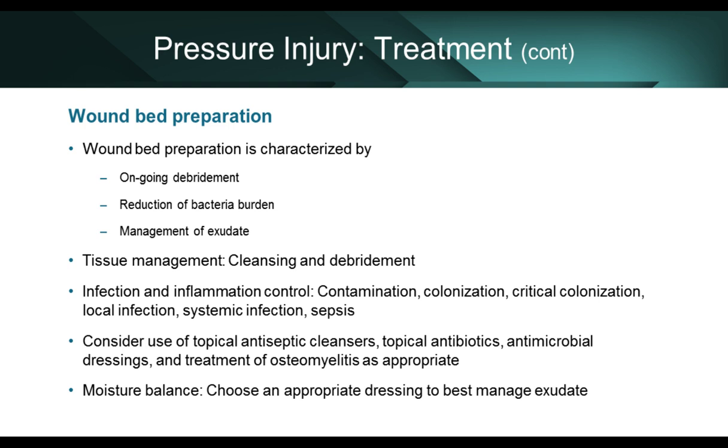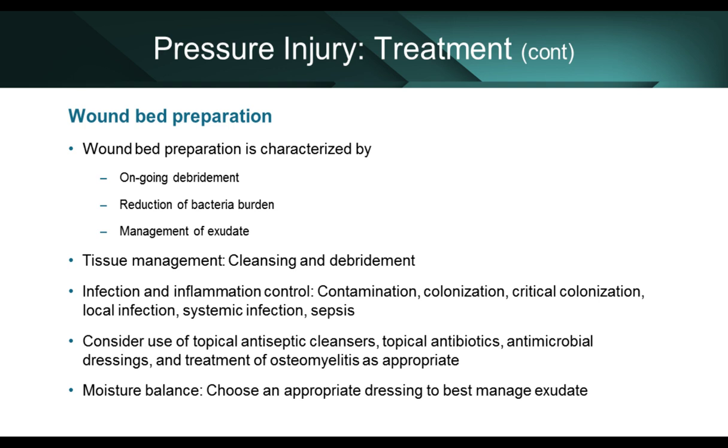Infection and inflammation control. Think about different levels of contamination or bacterial load. So contamination, colonization, critical colonization, local infection, systemic infection, and sepsis. This is usually a spiraling event that sometimes you can consider tissue management in your cleansing and debridement will help keep this infection and inflammation control in check.